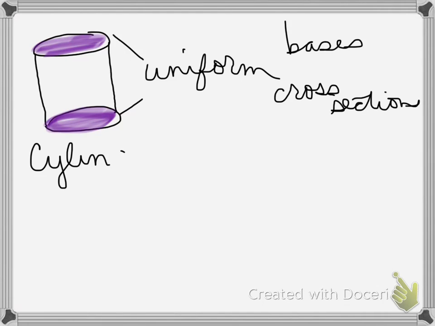So uniform bases meaning we have uniform cross sections, so we can make the assumption that the volume formula is volume is equal to the area of the base times the height. So it is the same formula for a cylinder as it is for a prism.